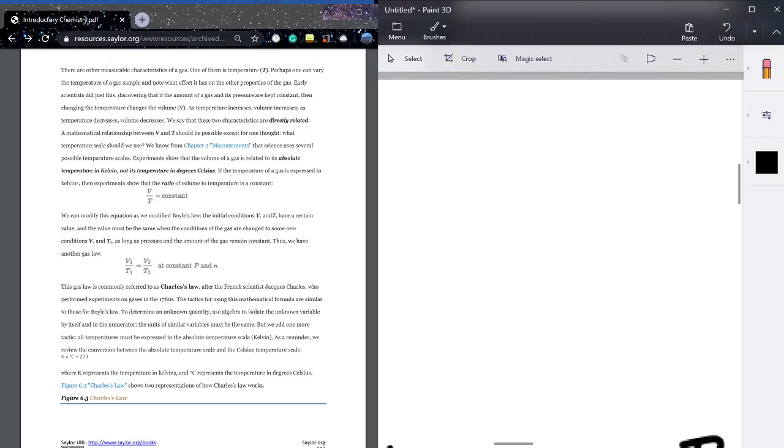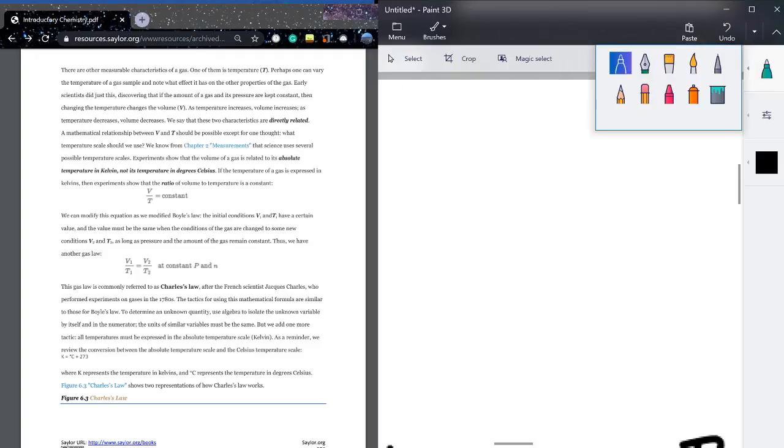Now there's one more that we haven't really talked about too much, which is the relationship between moles and volume. Basically, if you increase the number of moles, you increase the volume, given that everything else is constant. So let's write it out all together.